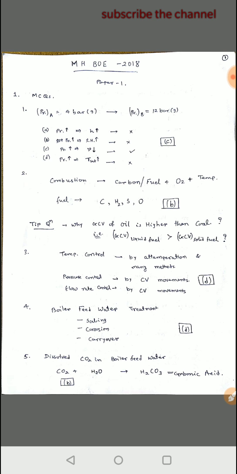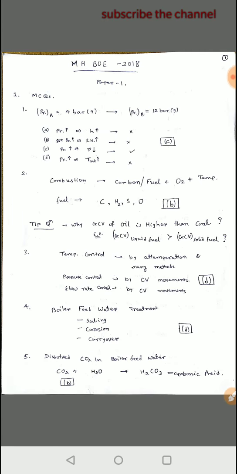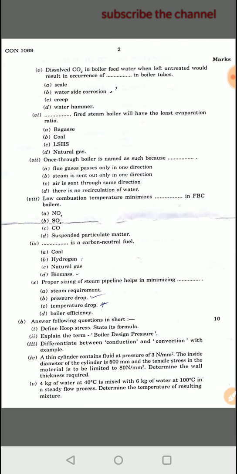So D will be the answer. Now, the fifth question. Dissolved CO2 in boiler feed water when left untreated would result in occurrence of blank in boiler tubes. A. Scale, B. Waterside corrosion, C. Creep, and D. Water hammer.